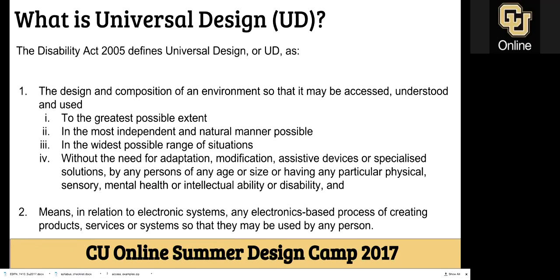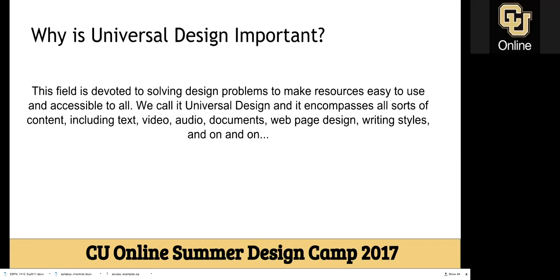So this is just good practice in general when you're talking about those individuals that do have a diagnosed disability, but also those individuals who prefer to access your course using a mobile device, perhaps. So thinking about it in different ways helps you understand the purpose behind it and the need for universal design. So why is it important?